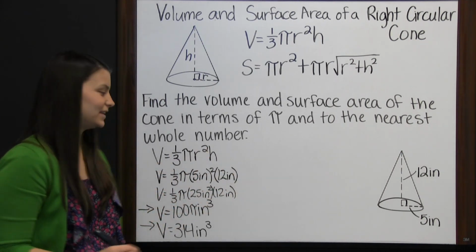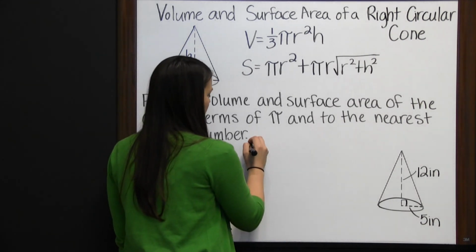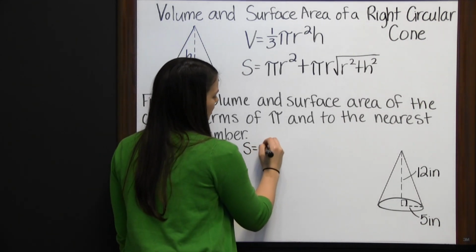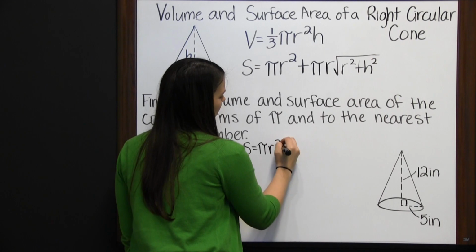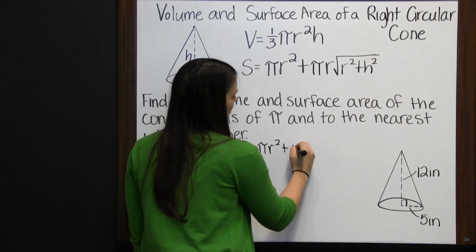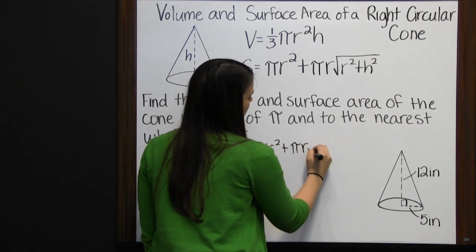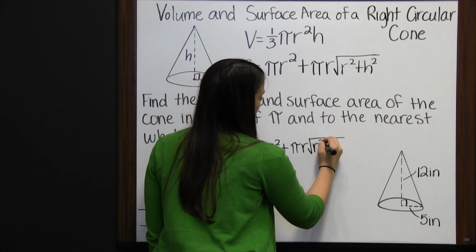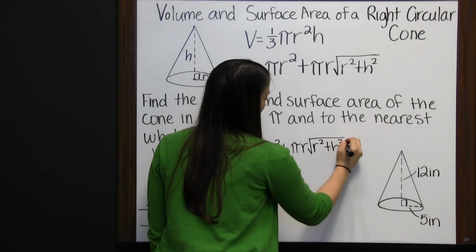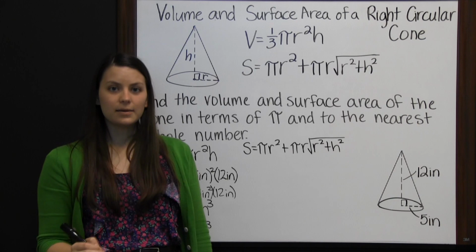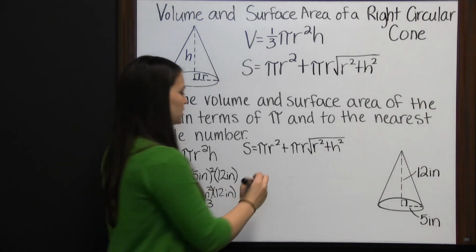Now to find surface area. So we'll start with our formula. Surface area is the area of the base, pi r squared, plus pi times radius times the square root of radius squared plus height squared. Then we need to substitute our radius and our height.